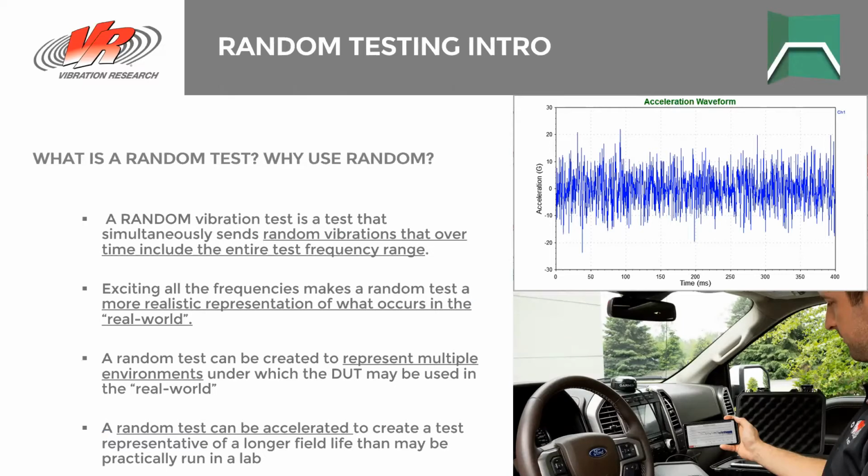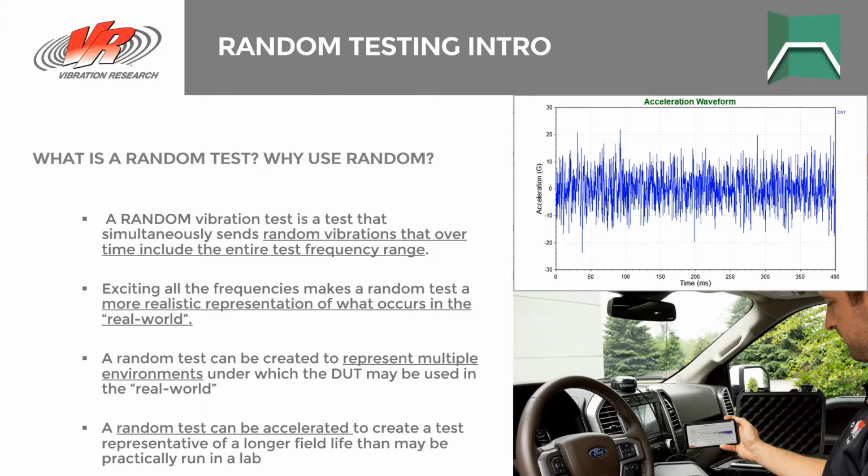So what is a random test and why do we use random? Well, instead of shock or instead of sine, instead of FDR. Well, as I mentioned, a random vibration is random. It's simultaneously sending out vibrations at multiple frequencies, right? That over time includes a full test frequency range, right? So at any one moment, we cannot predict what frequency or what amplitude will come next.